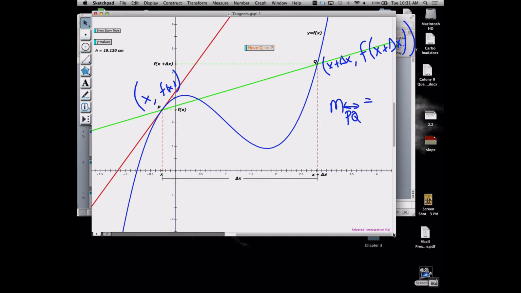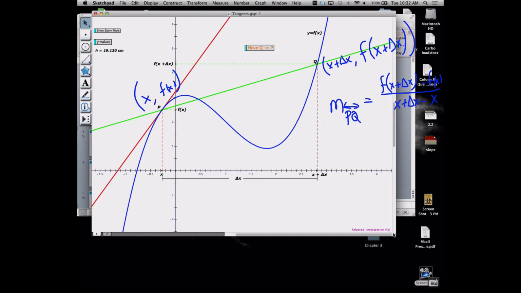Okay, so this one is the coordinate for P, this is the coordinate for Q, and again, my question is, what's the slope of PQ, Mason? F of x plus delta x minus f of x over x plus delta x minus x. You with me so far?